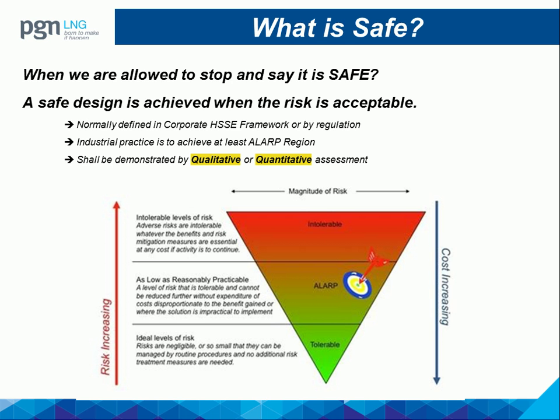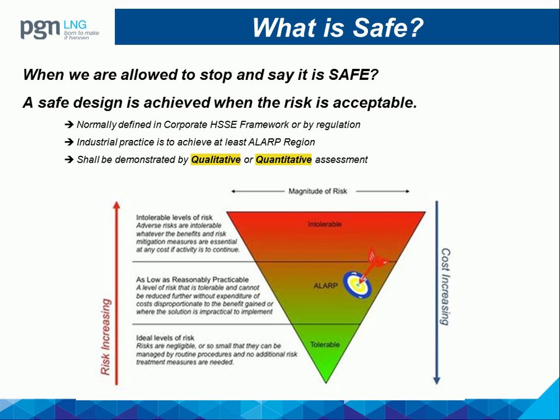I would say it again, a safe design is achieved when the risk is acceptable. So how is acceptable defined? Normally, it is defined in the corporate HSSE framework or by regulation. And then the second one, you may find it in industrial practice.